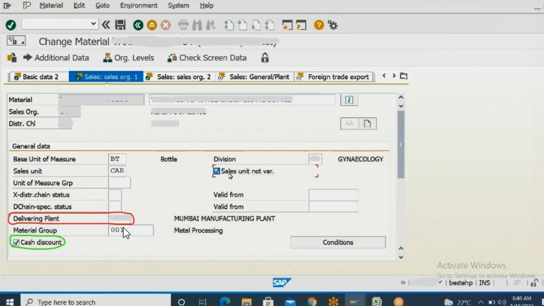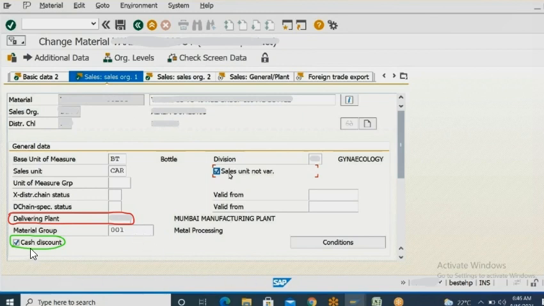The criteria to determine plant into the sales document is CMIR, customer master, material master. CMIR means customer material info record. So first, the system will check for CMIR, the plant maintained in CMIR. Next it will look for customer master, and last it will look for material master.